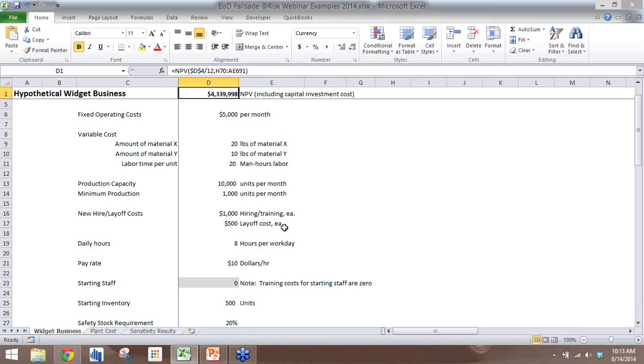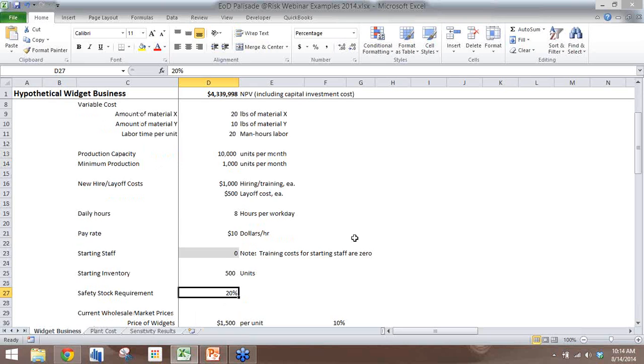Here's where we've added some additional information in terms of hiring costs, layoff costs. We've looked at the fact that you're going to have a certain number of workers required to manufacture the widgets based on 20 man-hours required for each widget that's produced. Here's where we specified starting stock.